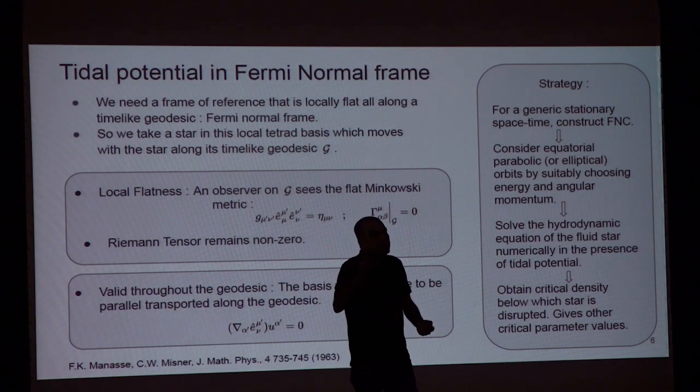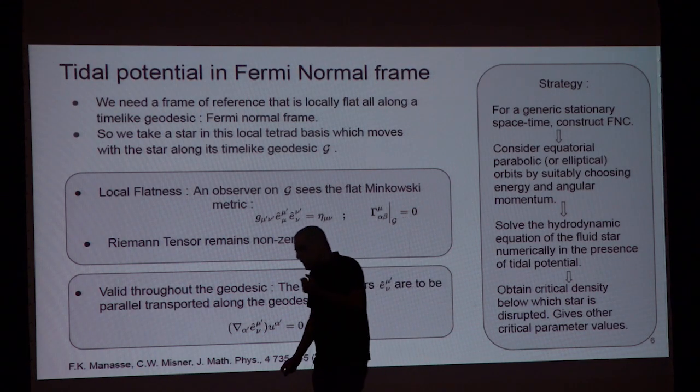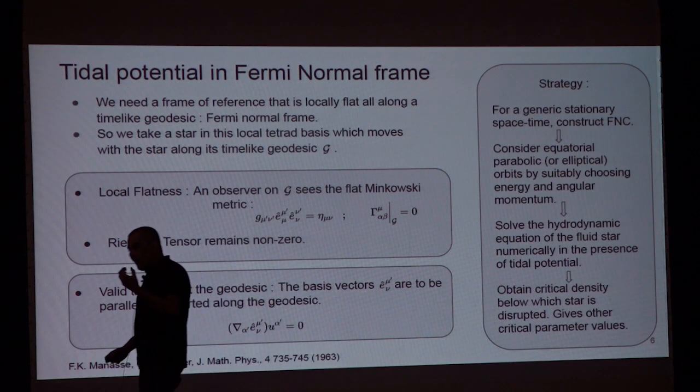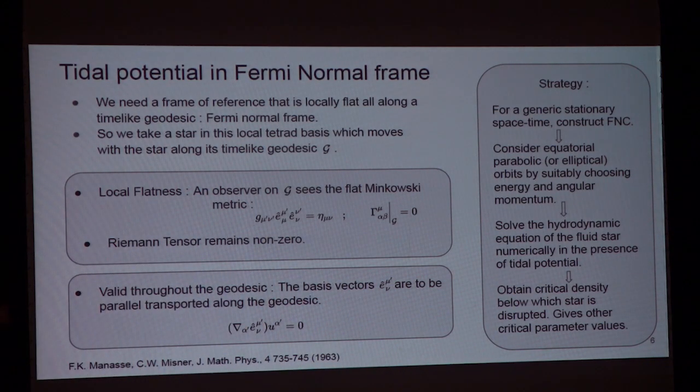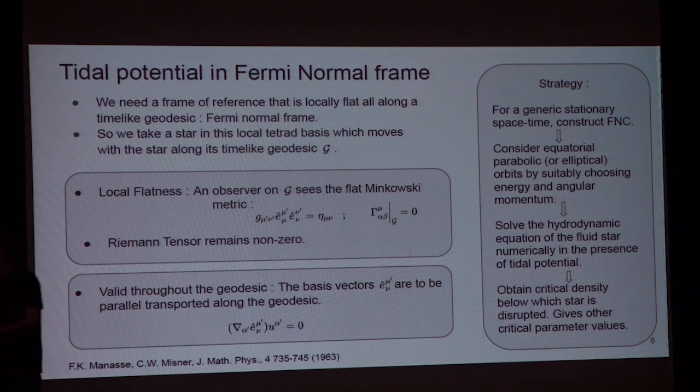So when the star is going along a geodesic, assuming that the size of the star is much smaller than the size of the central object, I need a locally flat frame at each point on its geodesic. Otherwise I will not be able to apply Newtonian hydrodynamics to the star, right? So that is why I need the Fermi normal frame, which is characterized by the fact that it's locally flat everywhere on the geodesic.